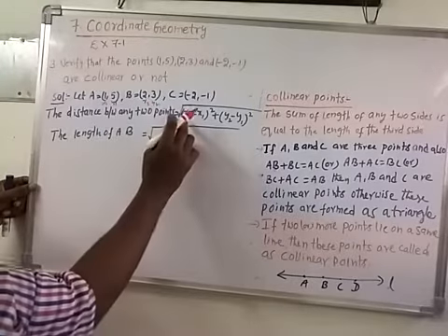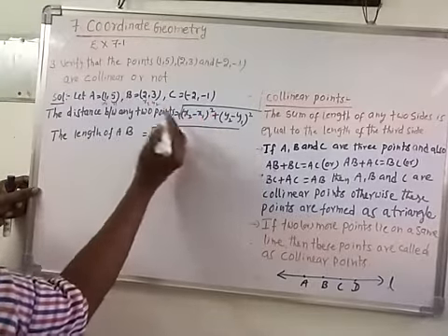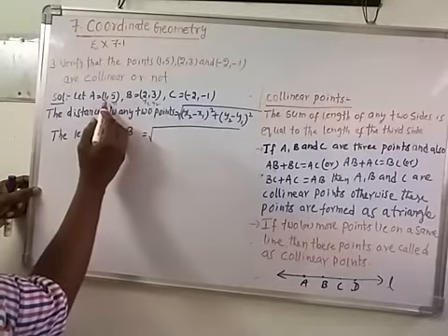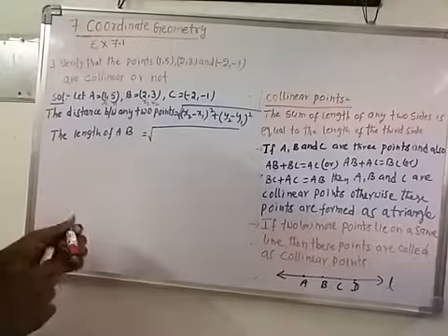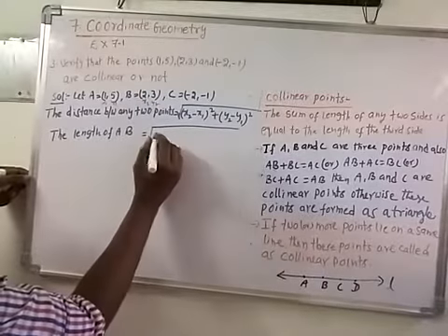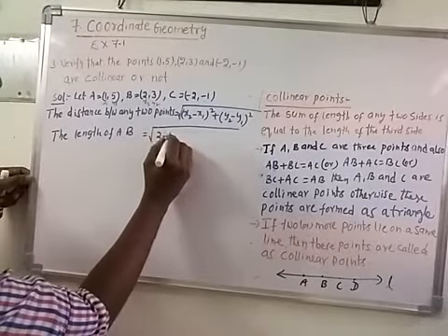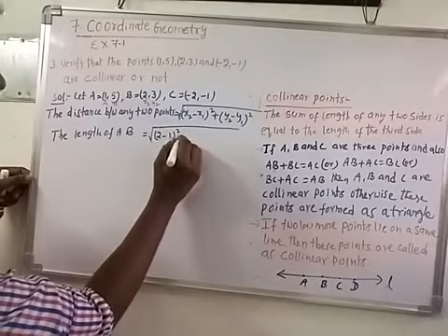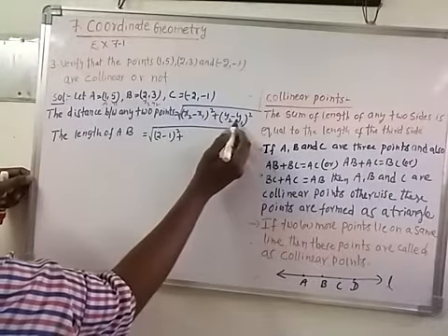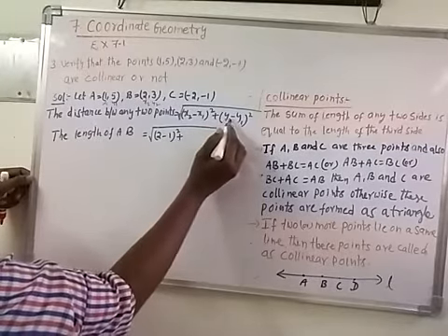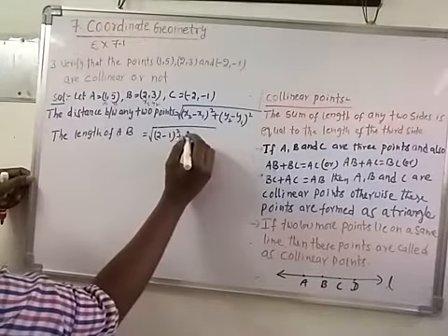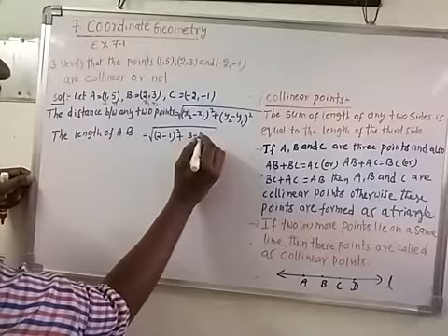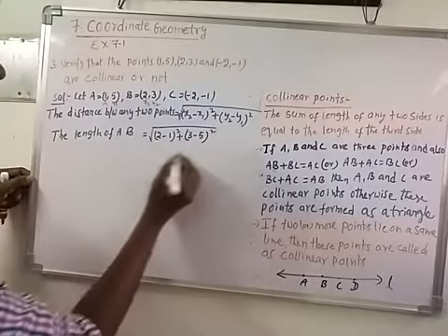Now x2 minus x1, x2 is 2, x1 is 1, (2 minus 1) whole square, plus y2 minus y1, y2 is 3, y1 is 5, (3 minus 5) whole square.